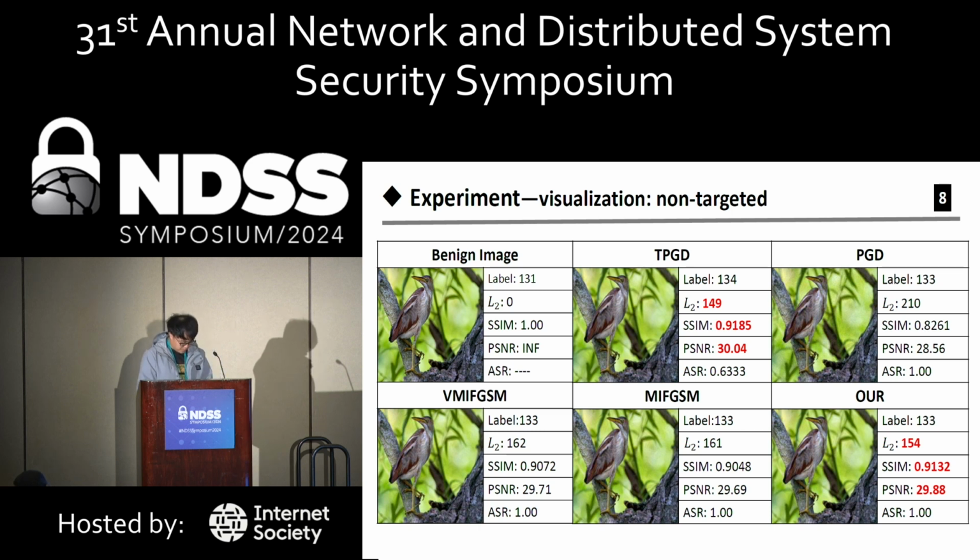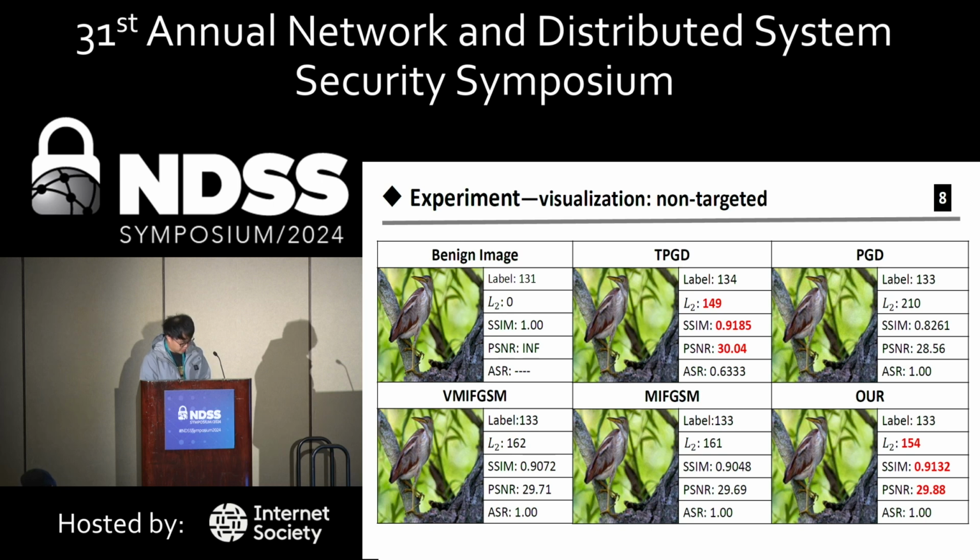Due to the time limit, we only visualize the adversarial examples for 5 attack methods. If you are interested in the other examples, they can be found on page 8 in our paper. The figure shows the adversarial examples generated by our method and baseline methods under non-target attack.